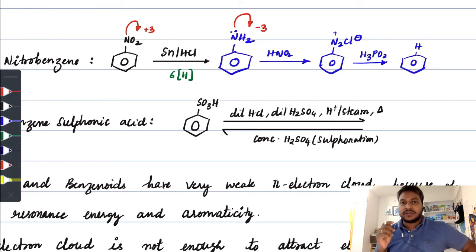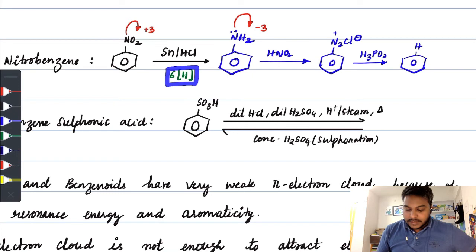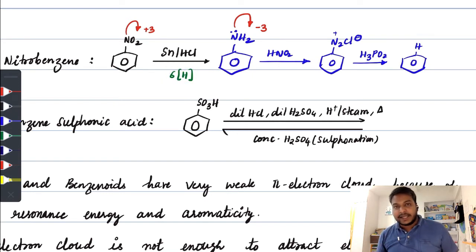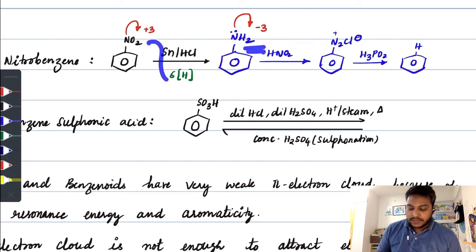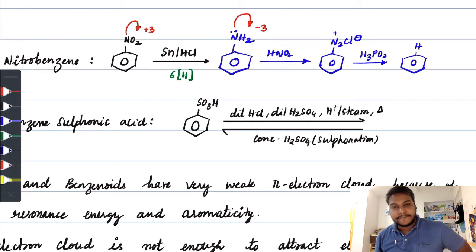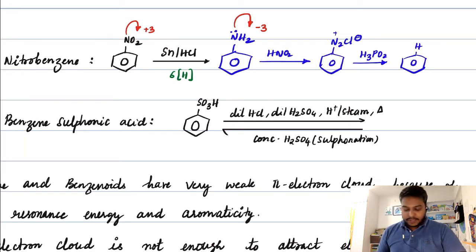So here electrons go as nascent hydrogens. Clear? So there are 6 nascent hydrogens that tin and HCl has to produce, and those 6 nascent hydrogens will eventually make this as aniline. Right, students? So I hope all of you got an idea like what is going on there.